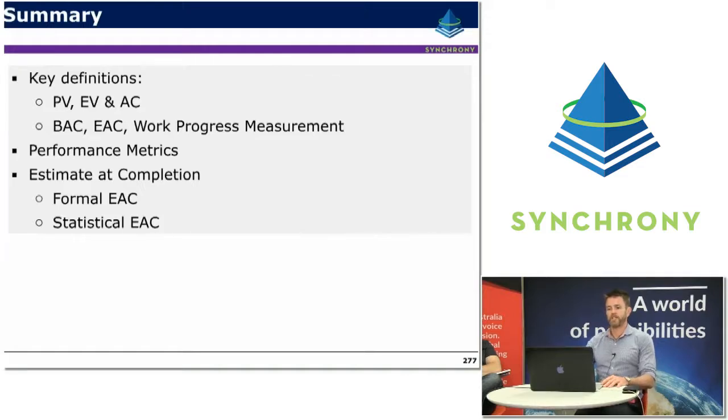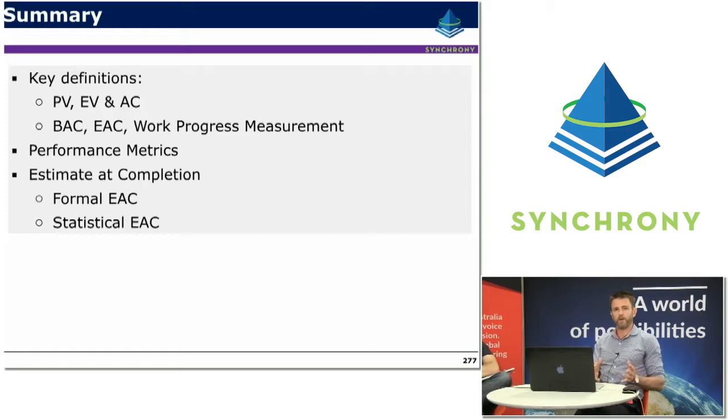So the key summary, I guess the key definitions, are the three ingredients that we use for earned value: the planned value, the earned value and the actual costs. Overall, we have the budget at completion, and then we have the estimate at completion, which is our forecast, and then we have a work progress measurement process that we use for measuring progress as we're going along.